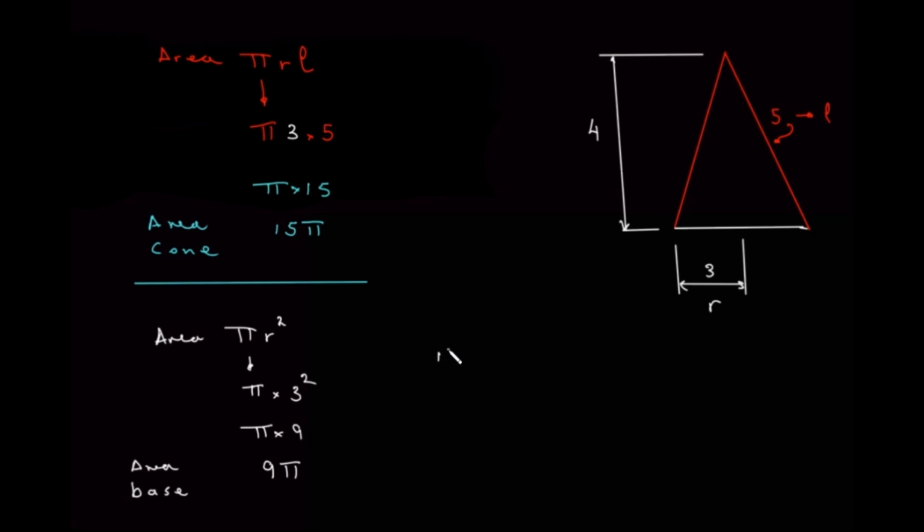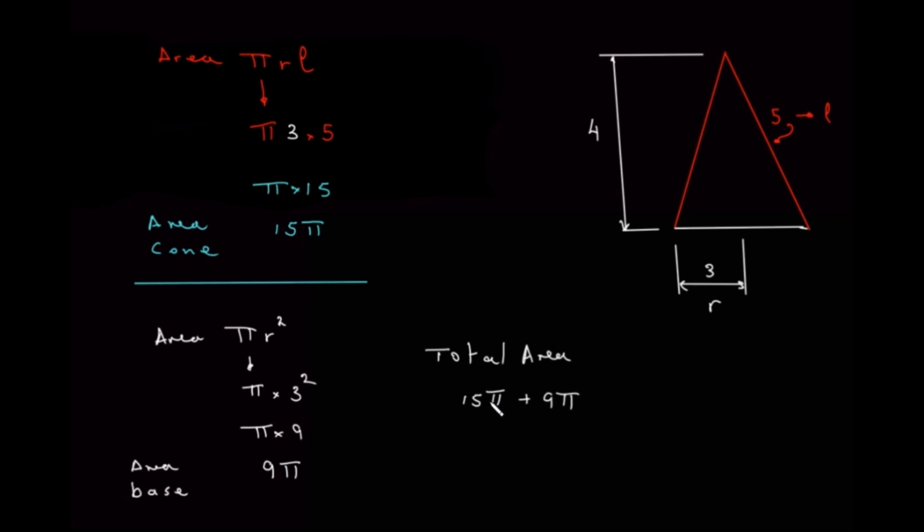Total area, you add them together. You've got 15 lots of pi. That's a lot of pi, isn't it? Oh, steak and onion pie. Put with 9 lots of pi.